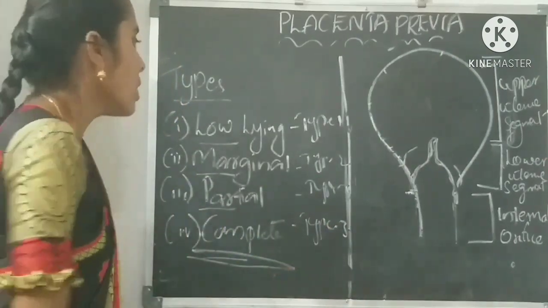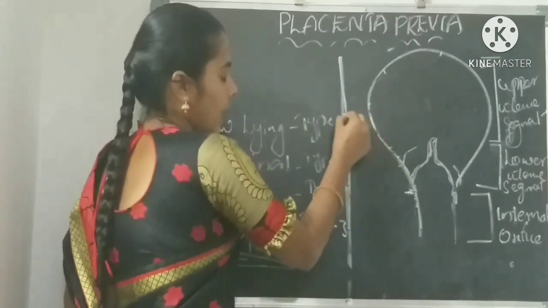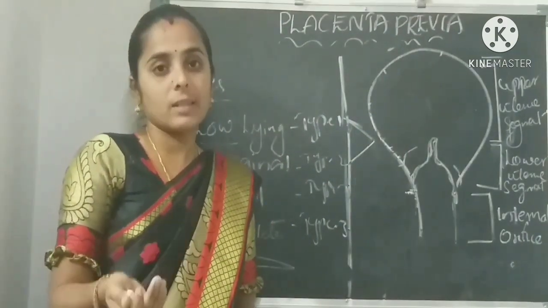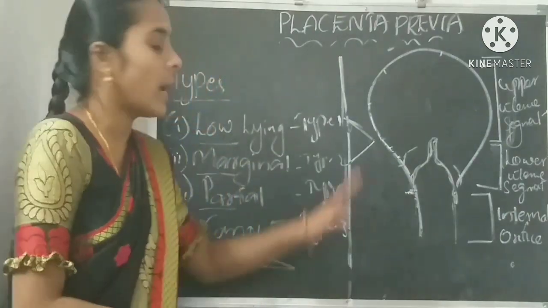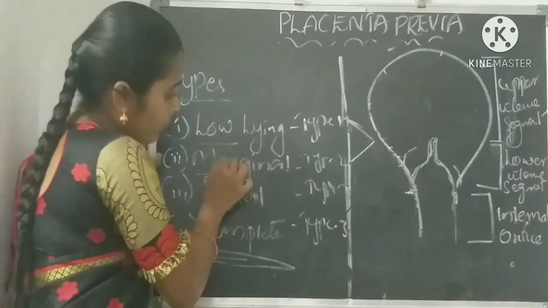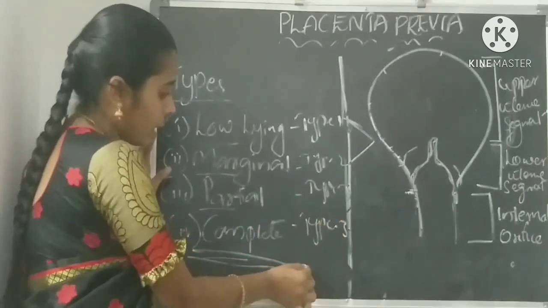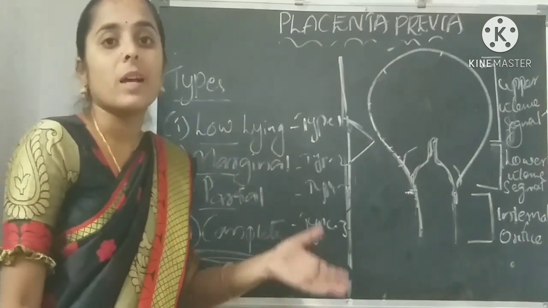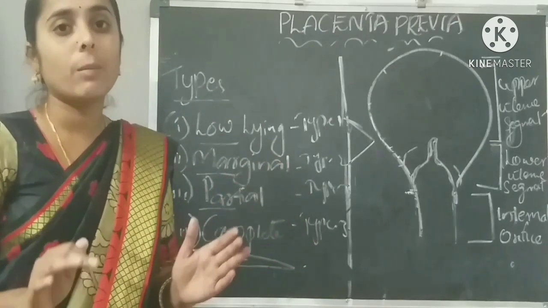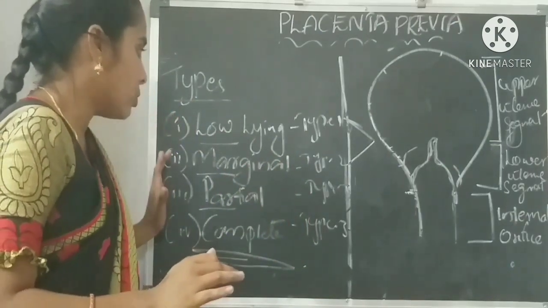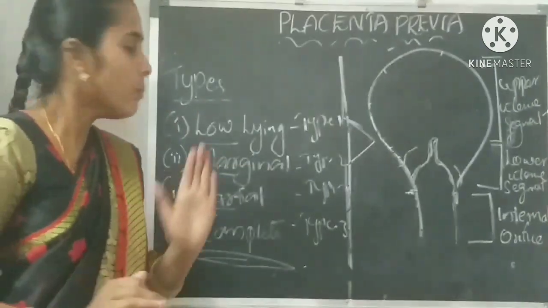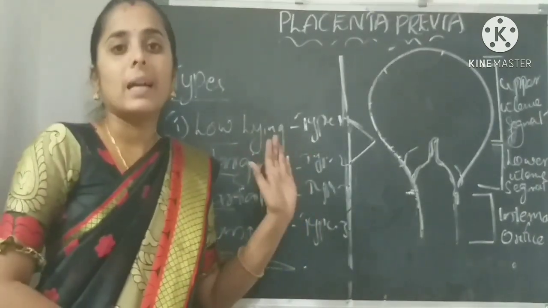So type 1 and type 2: if the placenta is present anteriorly, then it is considered as mild. If in type 2, type 3 and type 4 the placenta is present posteriorly, it is considered as severe. Once again I am repeating, in type 1 and type 2, if the placenta is present anteriorly, then it is considered a mild case.